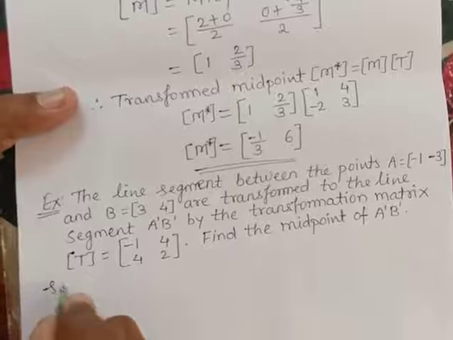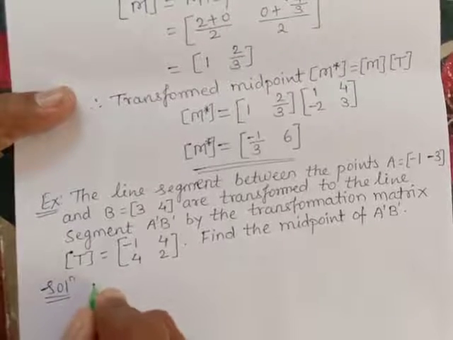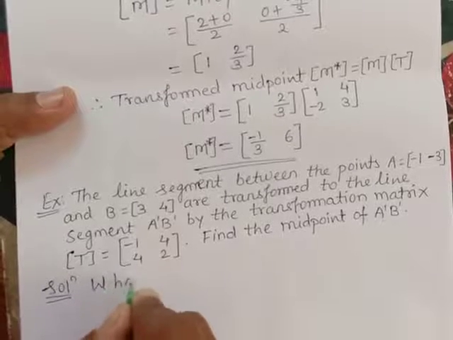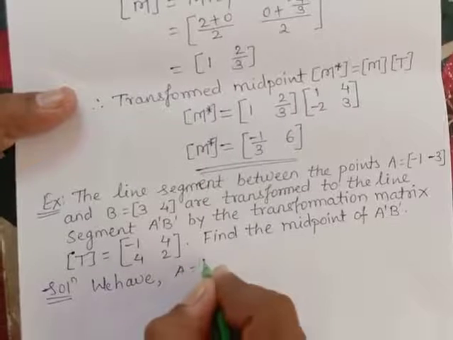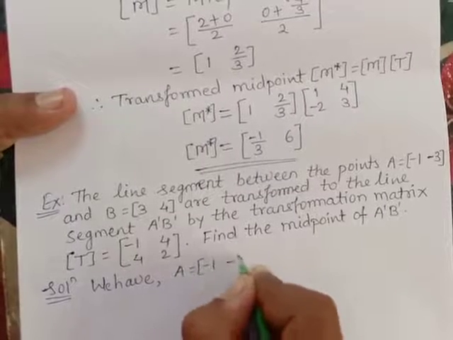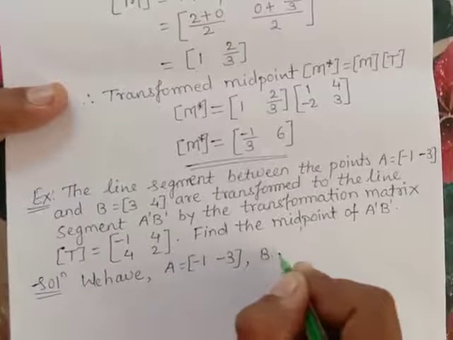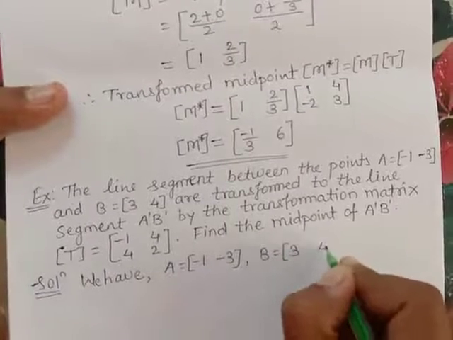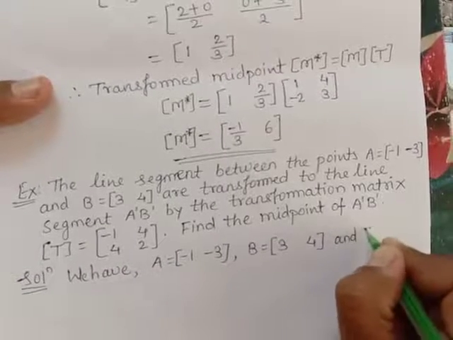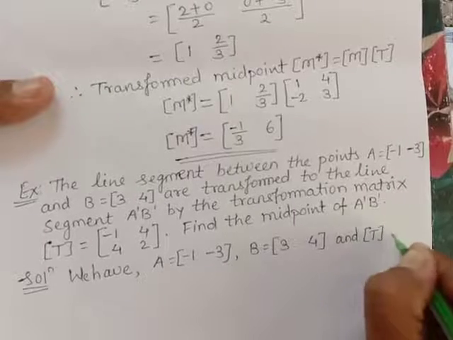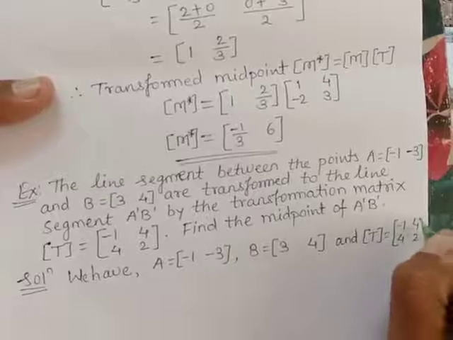So, solution. Here we have A (-1, -3), B (3, 4) and T that is [-1 4; 4 2].